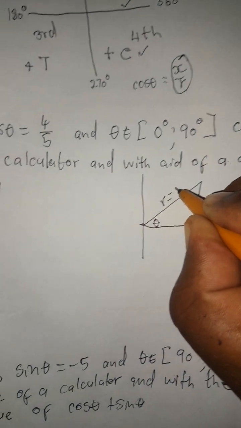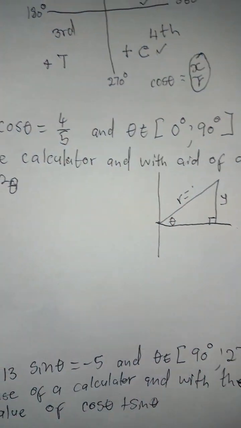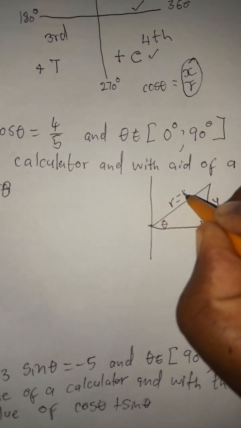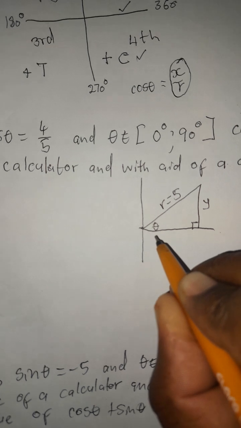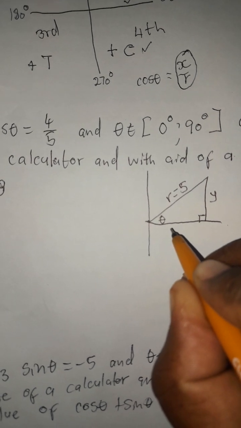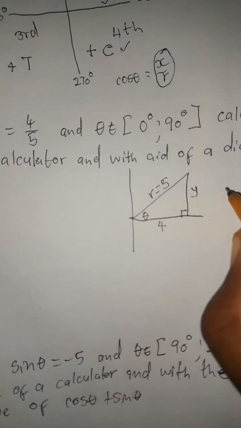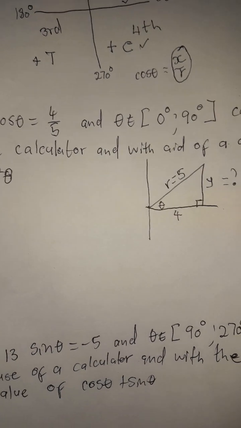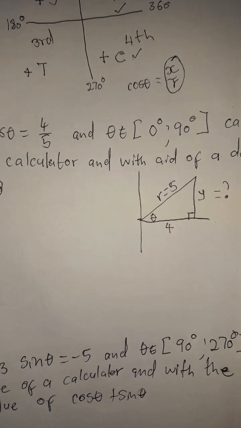And r is given as what? According to the given ratio, it's given as 5. What about the adjacent? Adjacent is 4. So the missing value that we are going to calculate is y.